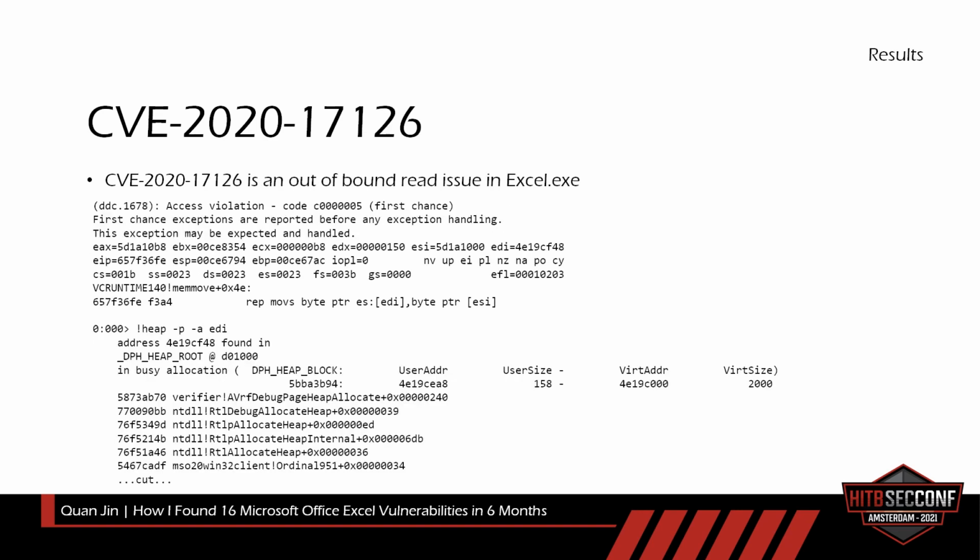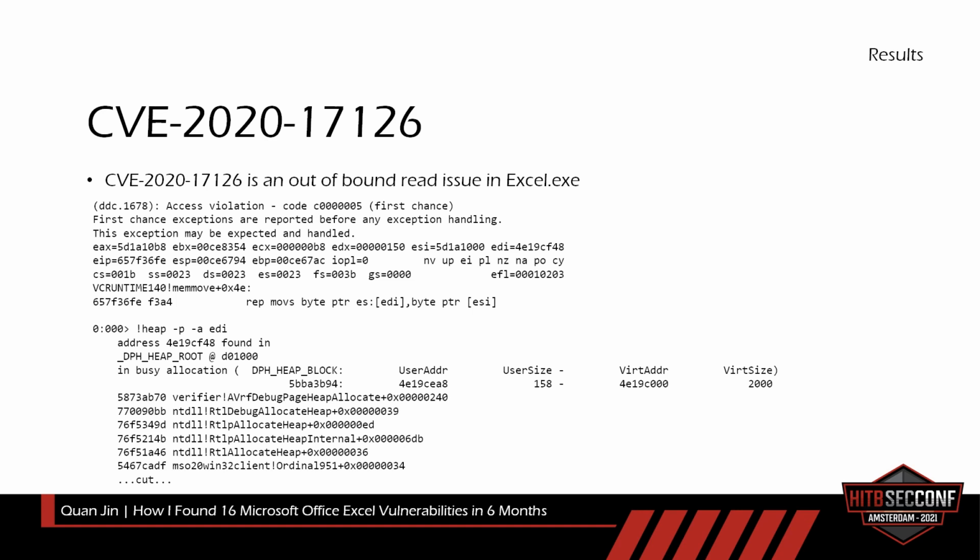CVE-2020-17126 is an out-of-bound read issue in the Excel process. We can say it also crashed at memory move. This vulnerability affects Office 2010 to Office 2019.